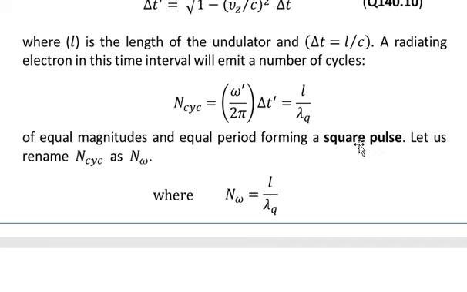A square pulse containing n cycles of equal magnitude and equal period. Let us rename n cycle as n omega, where n omega is equal to L over lambda q. So you see that we have the square pulse.